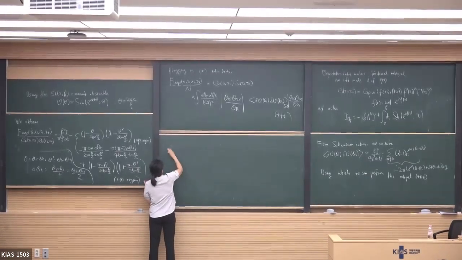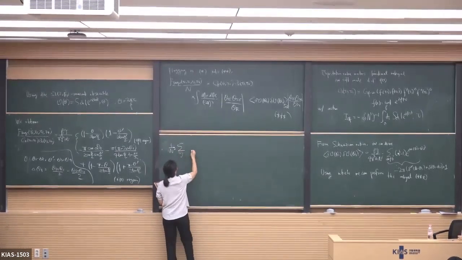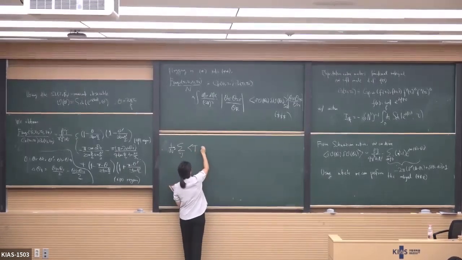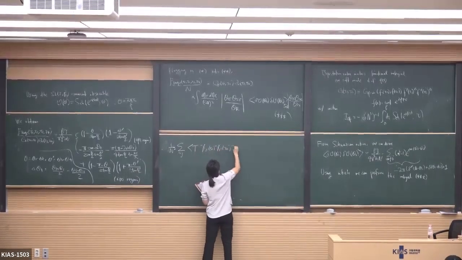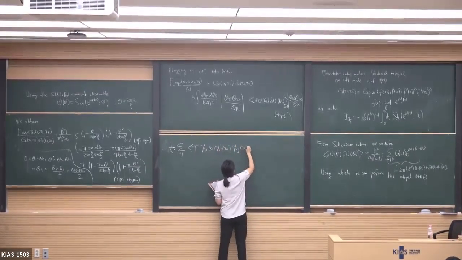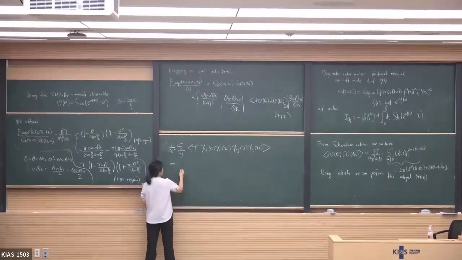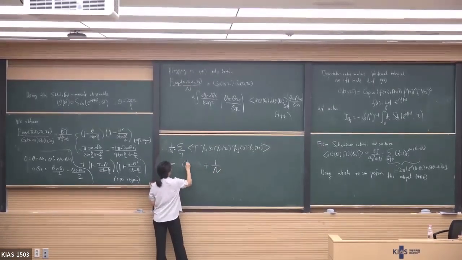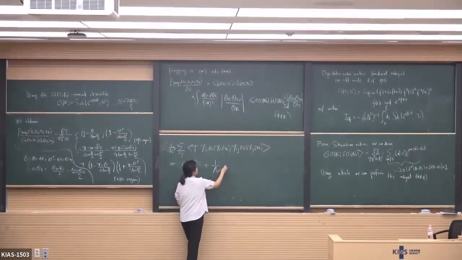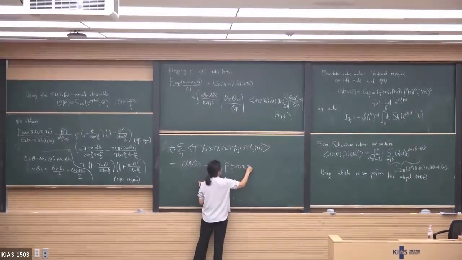So remember, we had 1 over N squared, sum over ij of the Euclidean time-ordered Majorana fermion chi i at tau 1, chi i at tau 2, chi j at tau 3, chi j at tau 4, okay? And this was some leading part, some order N to the 0 part, plus 1 over N times F of tau 1, tau 2, tau 3, tau 4.